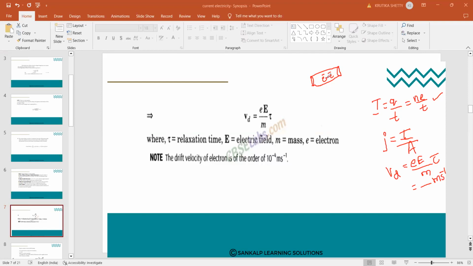The time interval between any two successive collisions of the electrons is called relaxation time. If you want any point repeated, tell me. So: relaxation time, drift velocity, current density, electric current.